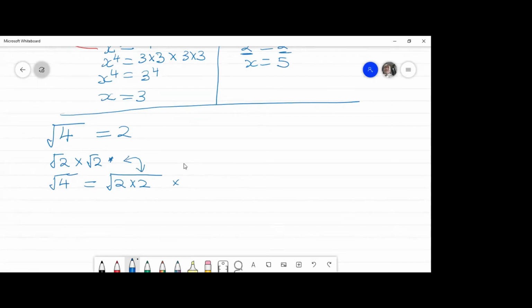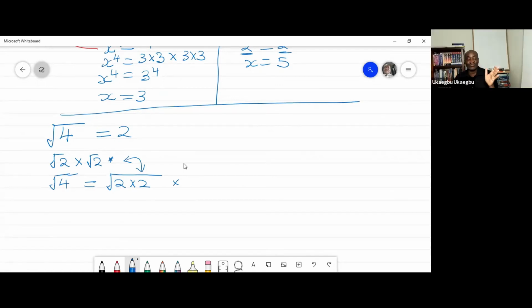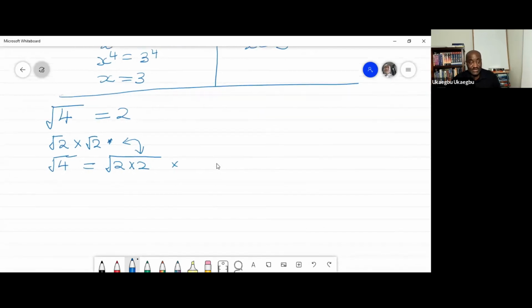Okay. There's another way of writing square root of 4. Does anybody have an idea? Okay, here's the third way, and this third way may be the most important way as far as rational exponents are concerned.